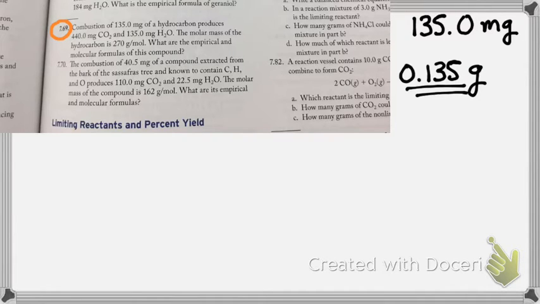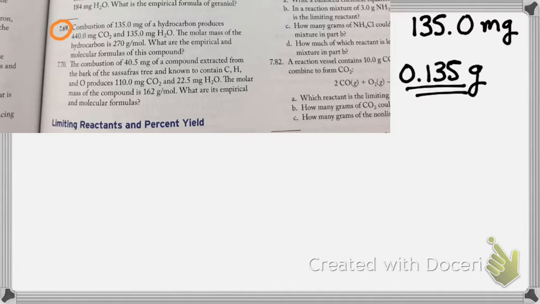And I think it'll be easier for us to convert grams to moles than milligrams to millimoles, although we would use the same conversion factors. So that I can give you this two different ways, let's go from milligrams to millimoles.